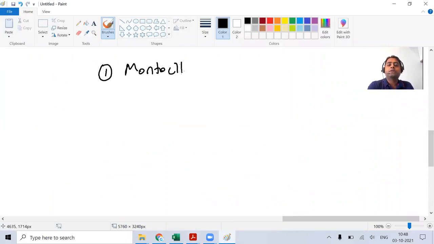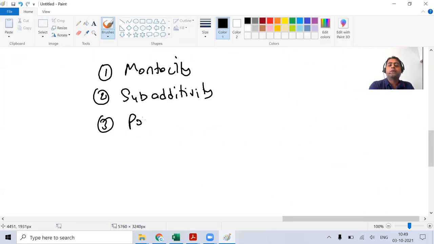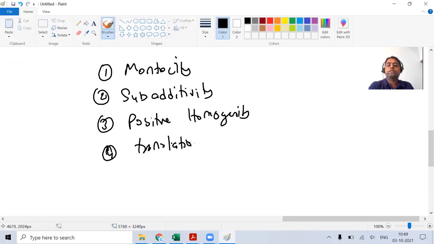Monotonicity, if I'm not wrong, was the first one. Then subadditivity. Then positive homogeneity. There was one more. Translation invariance.